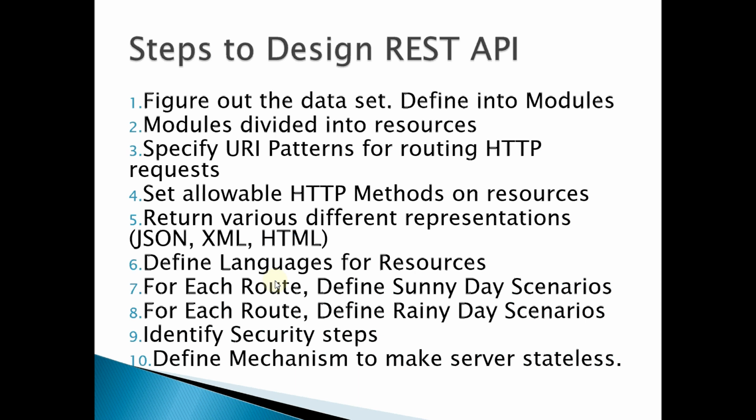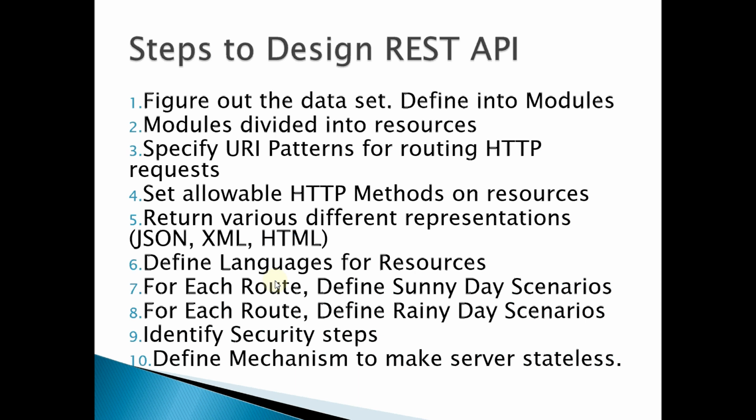The fifth step will be the representation of our data. Either we will provide JSON, HTML, or XML. Then the sixth step will be defining the language in which we will provide the data. In the seventh step, we will define the sunny day scenario for each route. Each route means each URI plus the method, and in the eighth step we will define the rainy day scenario for that route also.